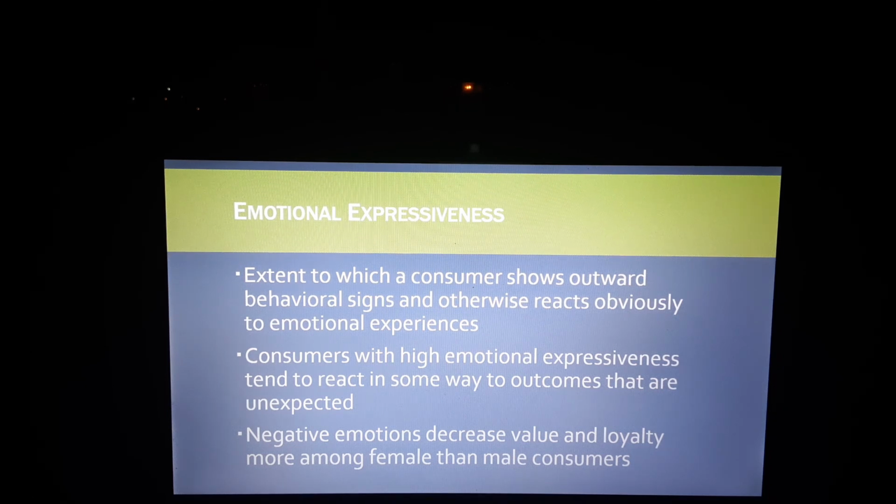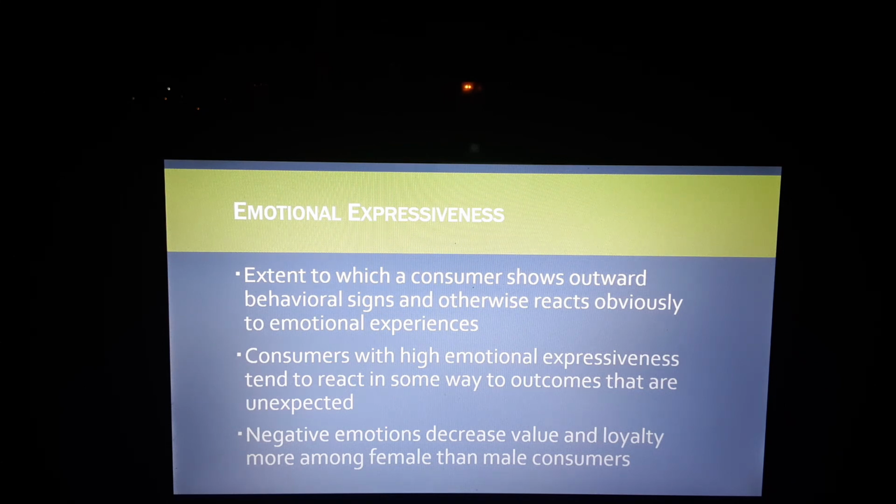They find that, generally speaking, negative emotions impact women more than men. If they have a negative experience at a store, they're probably not going to go back there. Men might think, it was just one time, and I've had a good experience there more times than I haven't, so I'm going to go back. Now, I know that comes off as a little bit sexist, but that is what the research showed, and I'm just reporting that.